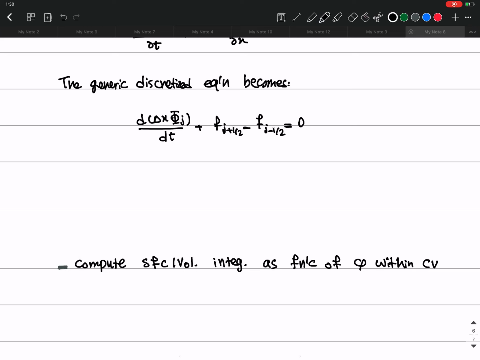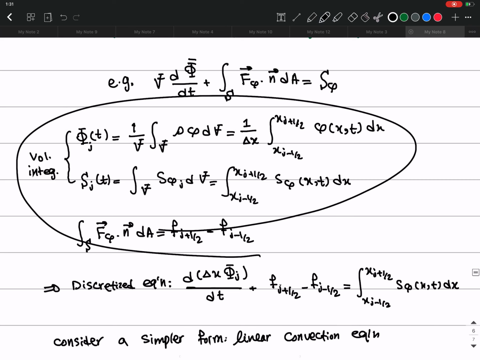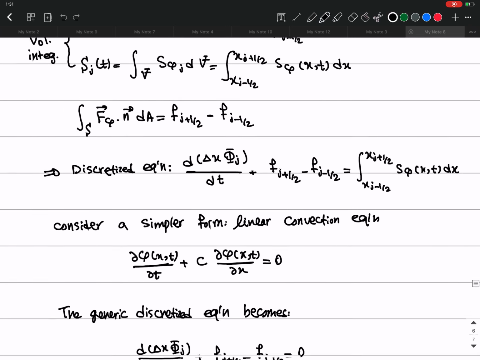Okay, as I said, we want to represent everything in terms of the cell averaged quantities in the finite volume method. So this is the first step. We have to evaluate all the surface and volume integrals here in terms of cell average quantities.